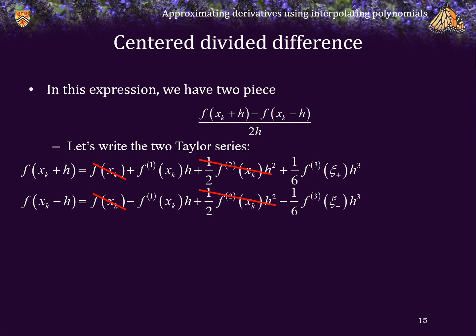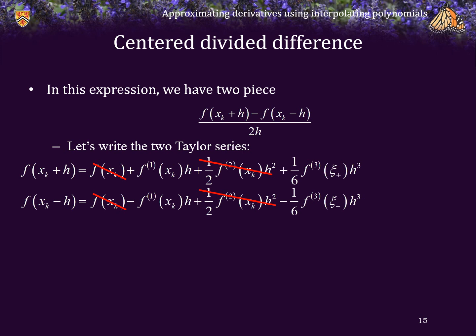All right, so what's left is, on the left-hand side, we have f at x sub k plus h minus f at x sub k minus h. On the right-hand side, we have that second term minus the negation of itself. So that's actually going to add. So that's twice the derivative times h. And then we're adding those two final terms.